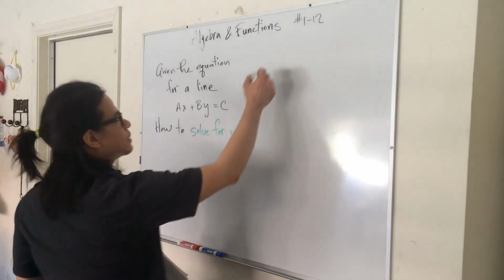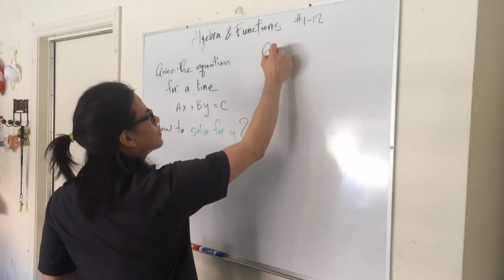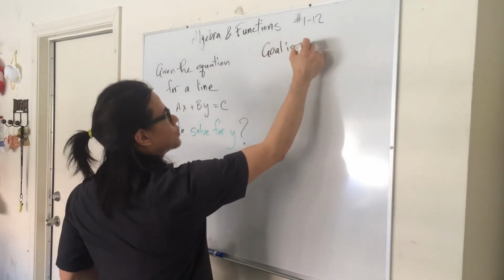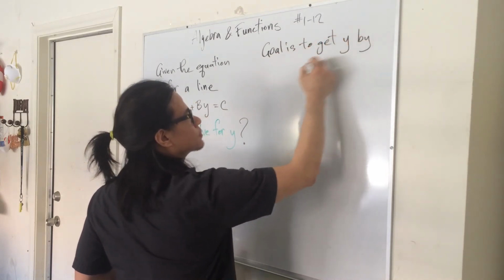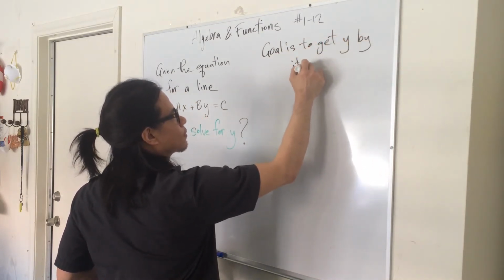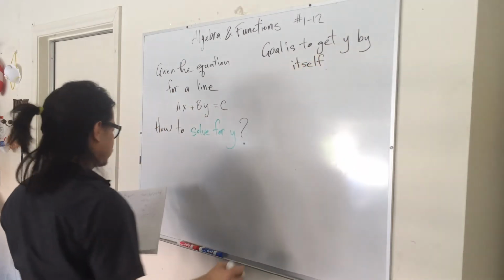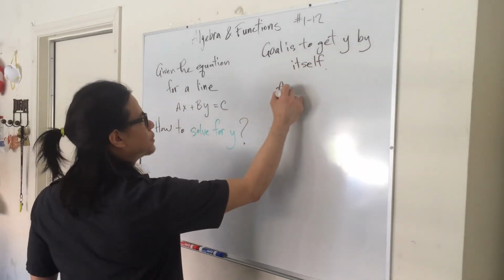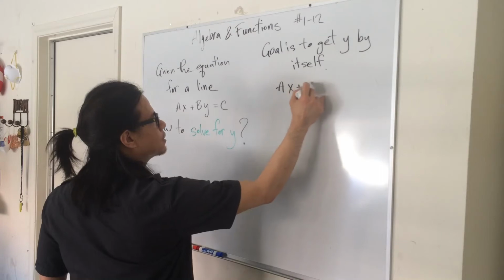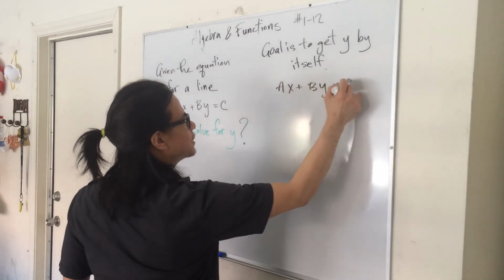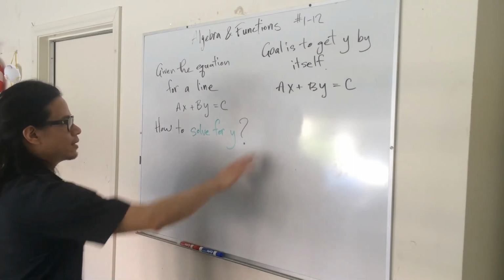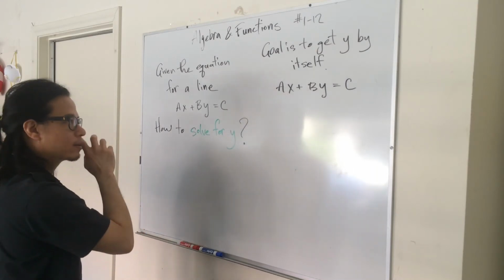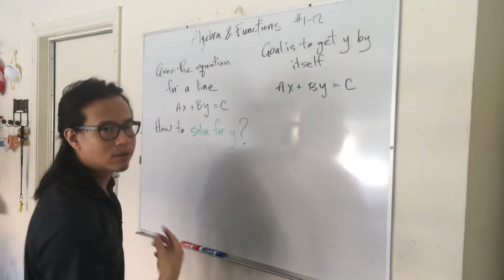Okay, so keeping in mind that your goal is to get y by itself, I'm just going to rewrite this. Ax plus by equals c. Notice that ax is in the way if I want to get y alone.